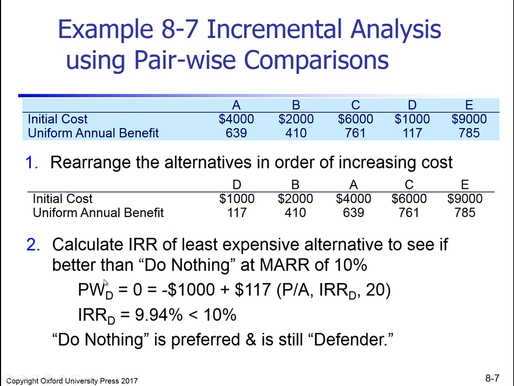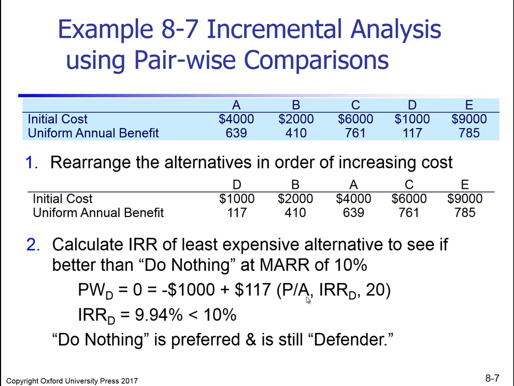So if we do a present worth analysis of D, and we want that to go to 0, we're going to say negative the initial cost, negative $1,000, plus the uniform annual benefit, P given A at the IRR for D, for a 20-year useful life. All of these will have a 20-year useful life with no salvage value at the end.